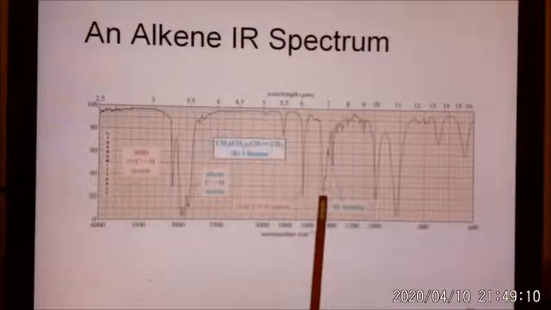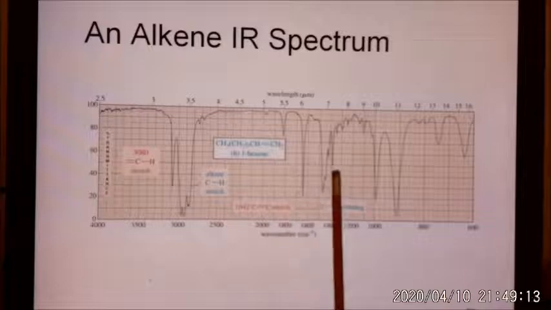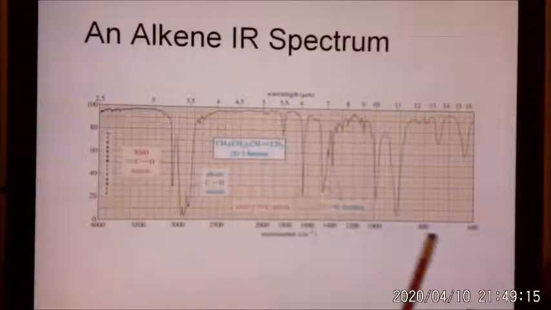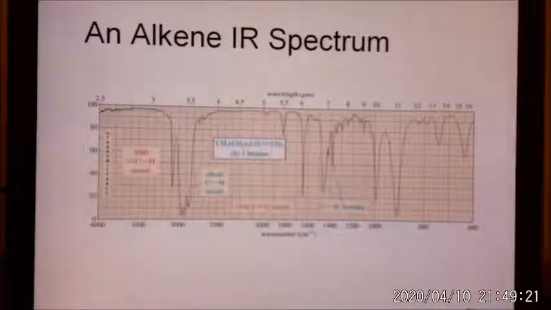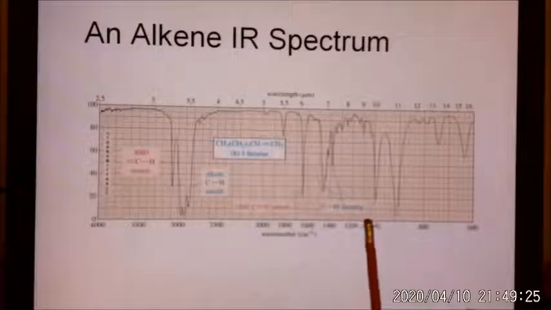This is my CH scissoring. This is my CH twisting and rocking. What are these guys? They're not assigned because we're not sure, right? Maybe it's a carbon-carbon stretch, but that's around 1,200.